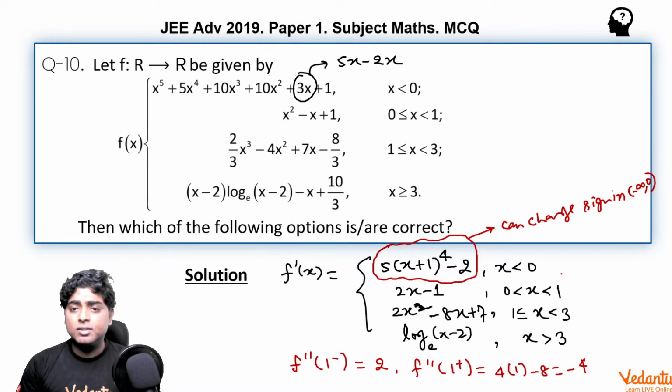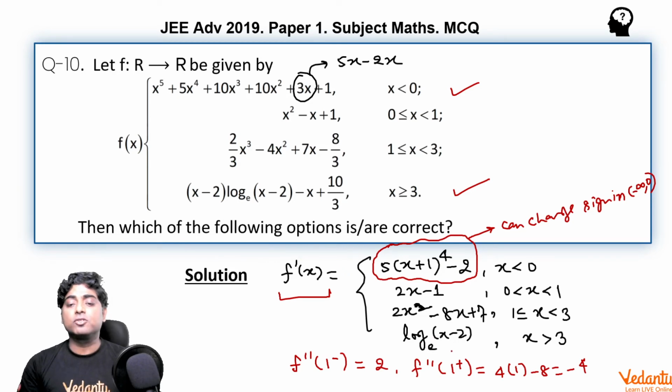Is it R or not? The major part of the values of y is coming from the first and the fourth intervals. If you observe, in the fourth interval, for x greater than or equal to 3, the derivative is always positive. Log of (x minus 2) to the base e, the base is more than 1, and for x greater than 3, log of (x minus 2) is always more than log 1, meaning more than 0.